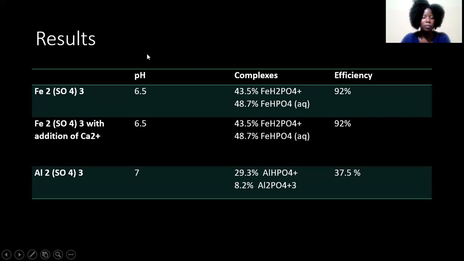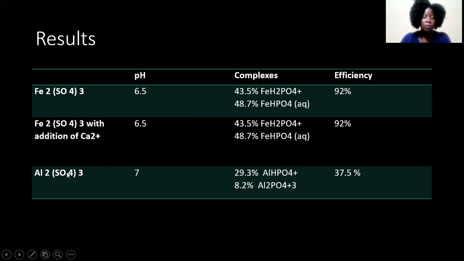Interpreting our results, iron sulfate at pH 6.5 had 2 complexes, which together came up to 92% of the phosphorus. The iron sulfate mixed with calcium also had the same result.